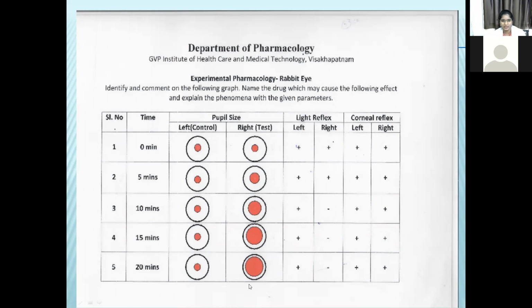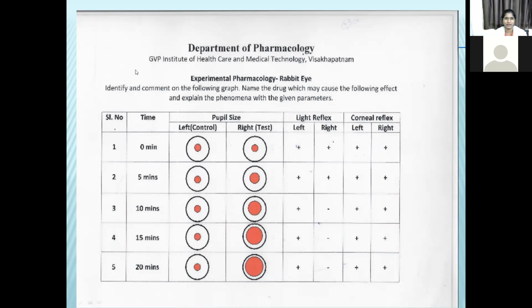Here you can see the diameter is greater than 8 mm in mydriatic, normal is 6 mm, and in miotic it is less than 2 mm in the test eye. Mydriatics produce dilatation of the pupil. Pupil size will be increased, the light reflex is absent, and the corneal reflex will be present.